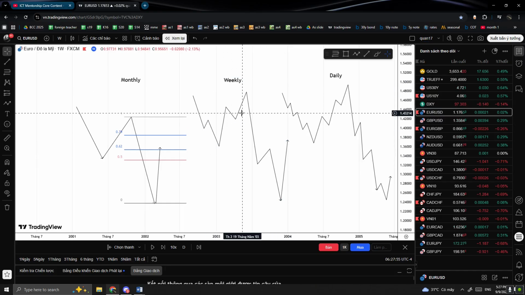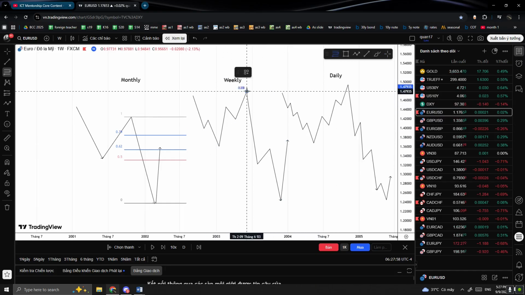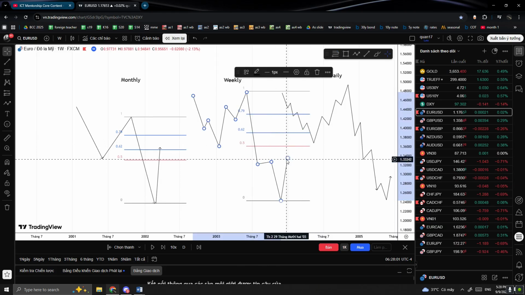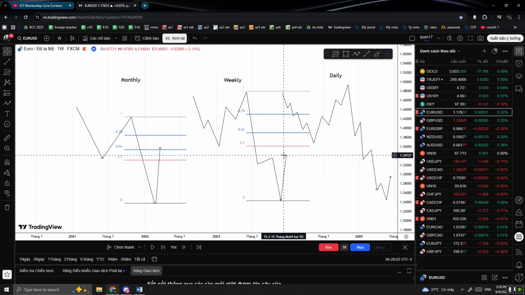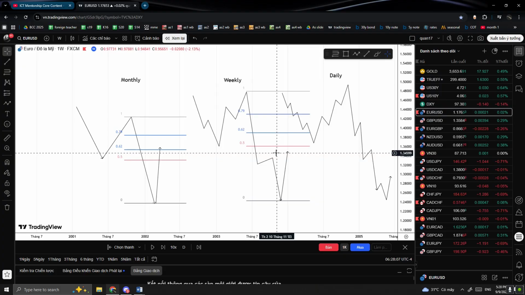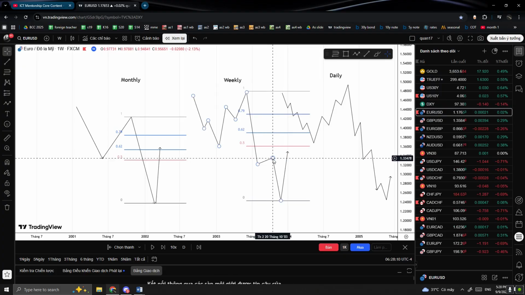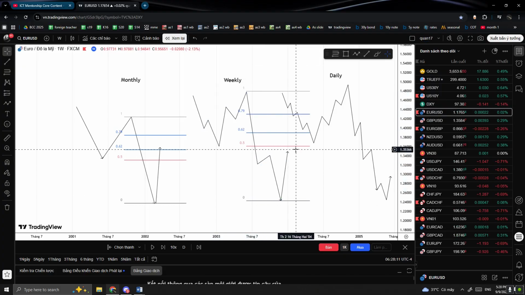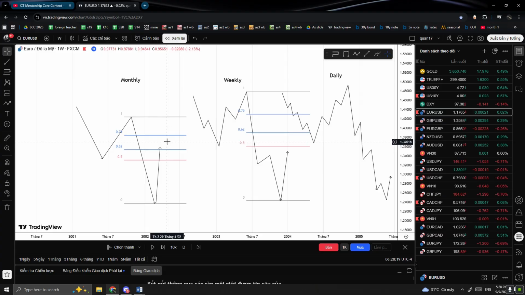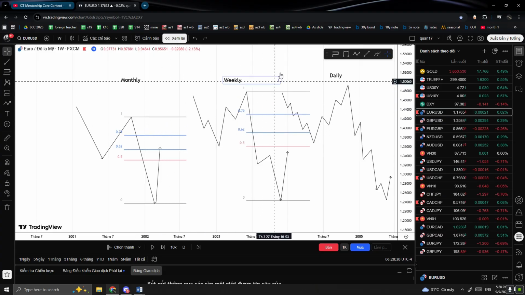If we're looking at the weekly time frame and seeing this total range, let's assume this weekly breaks structure up like that. We're still in the discount of this total range in the monthly, but we're in the premium of the weekly already, right? But the weekly breaking structure up is a very high probability indication that price is going to return back to premium of the monthly.